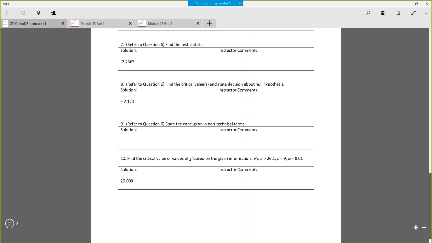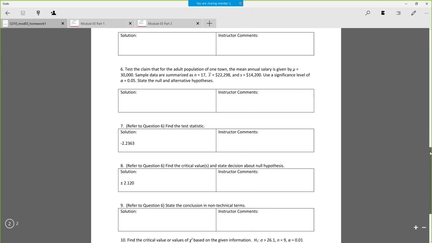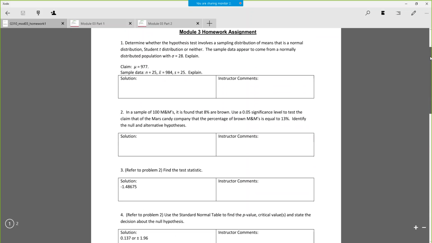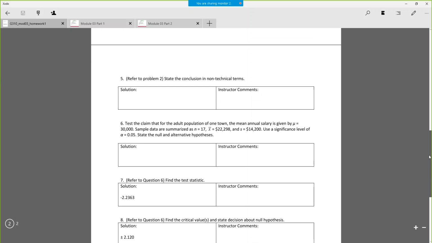Okay, if not, and if you cannot figure out how to do these, get to the right numbers, email me your spreadsheet and I'll take a look. Okay, so for this module to get full credit, you have to show me how you get the numbers. If you just say number 3 answer is negative 1.48675, you will not get credit for it. Okay, so just FYI.